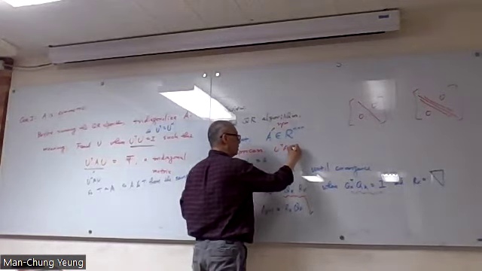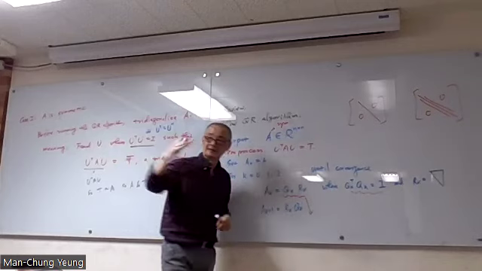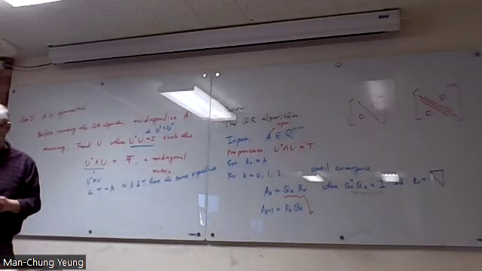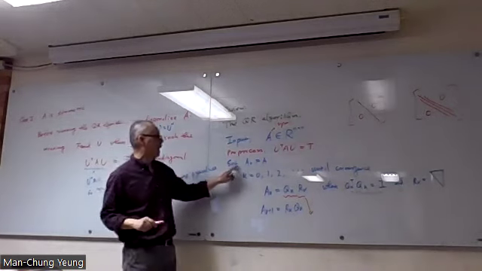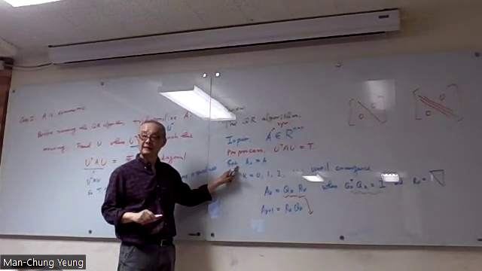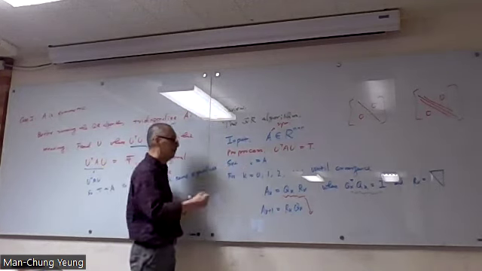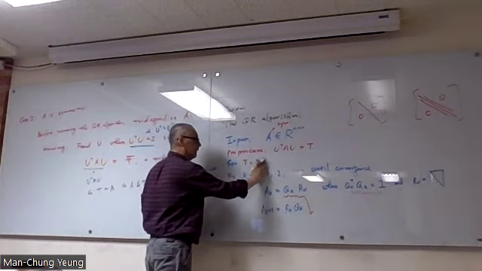U transpose A U is T, where T is tridiagonal. Now apply the QR algorithm to T. Now T0 is equal to T.